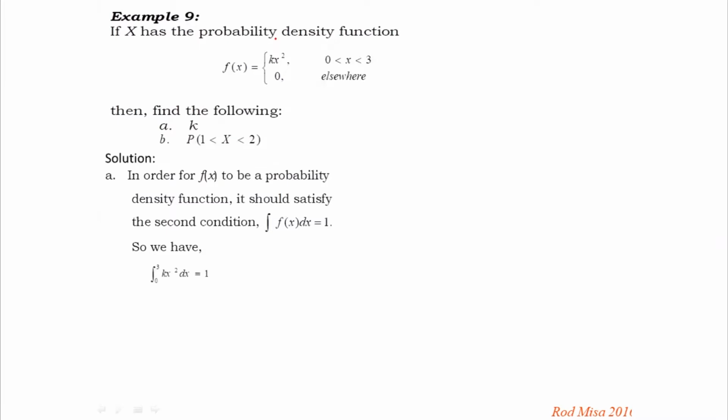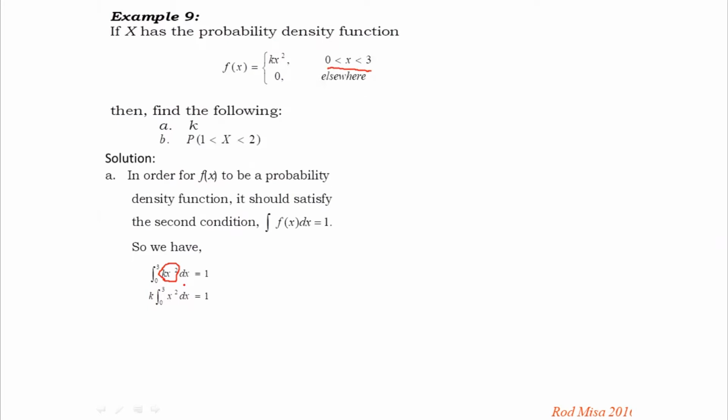So we have the integral of our PDF kx squared from 0 to 3, because this is the domain of this PDF, equal to 1. But we can factor out our constant k outside the integral symbol, so we have k times the integral of x squared dx from 0 to 3, and this is equal to 1.